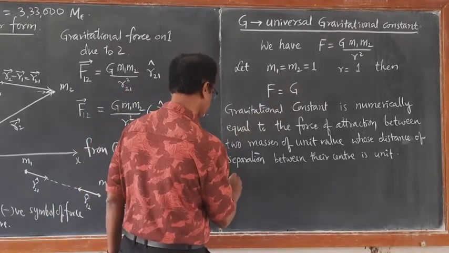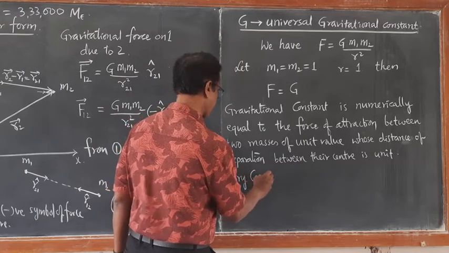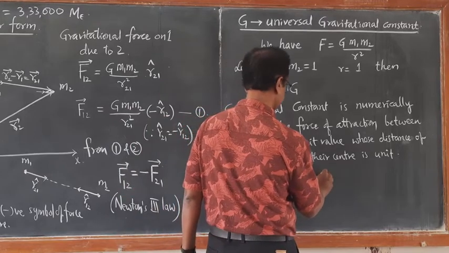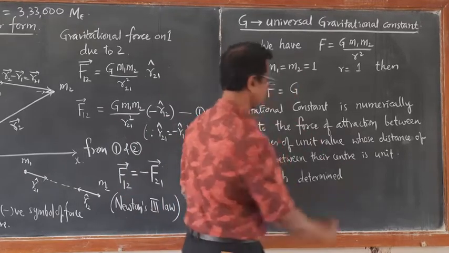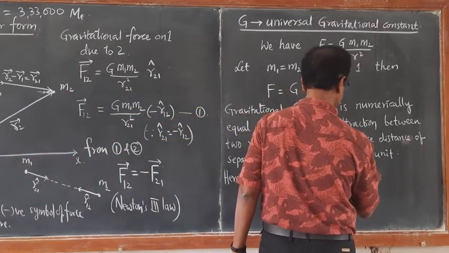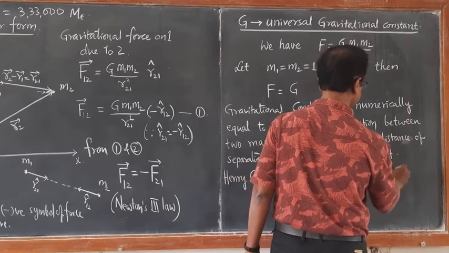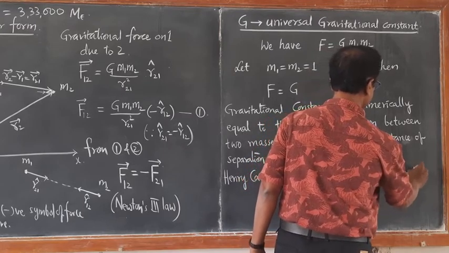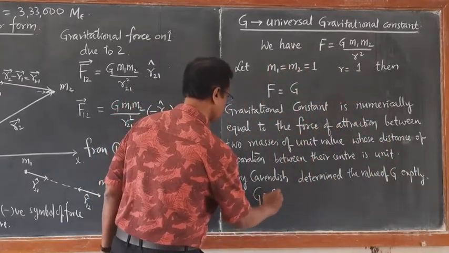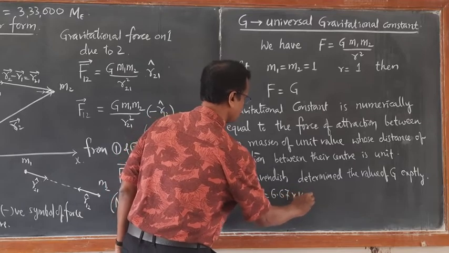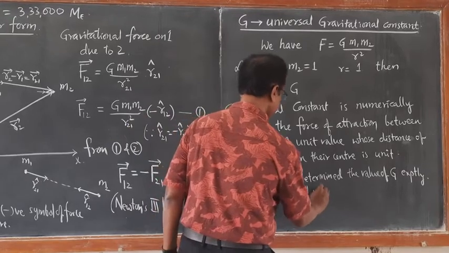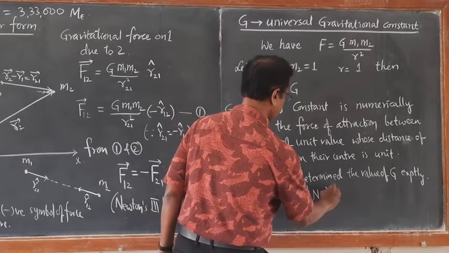Now, Henry Cavendish determined the value of G experimentally. It is found out to be G equal to 6.67 into 10 to the power of minus 11 Newton meter square per kg square.